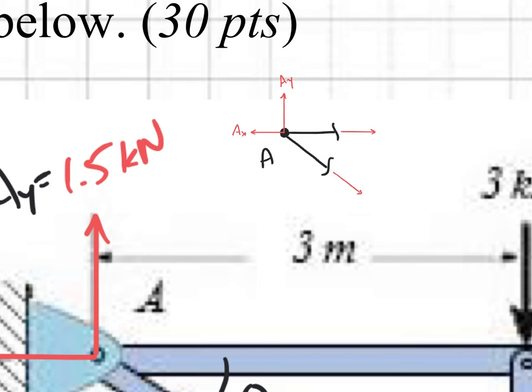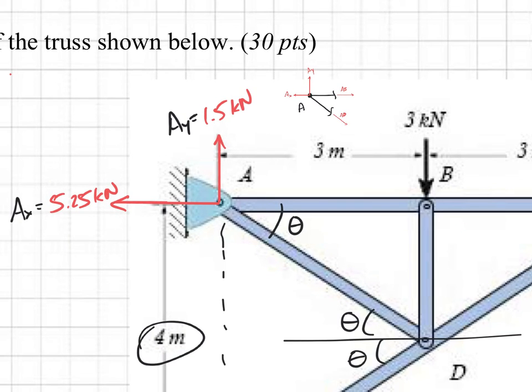These are AB and AD, and I got those from the larger diagram, A to D and A to B. So let's zoom way in. Now we have no mess to look at, and let's create an equation here.